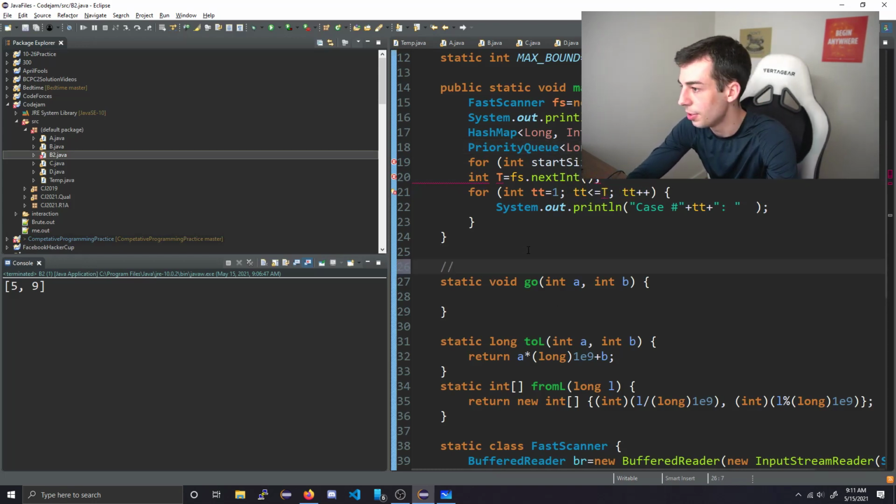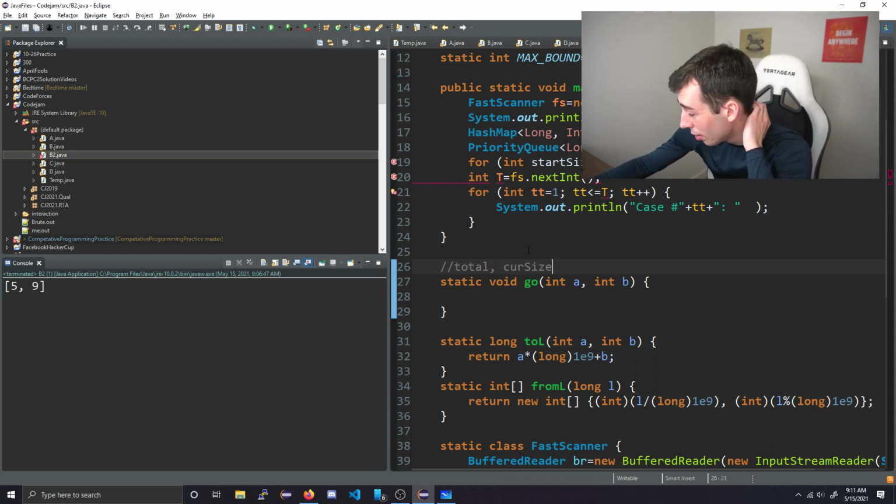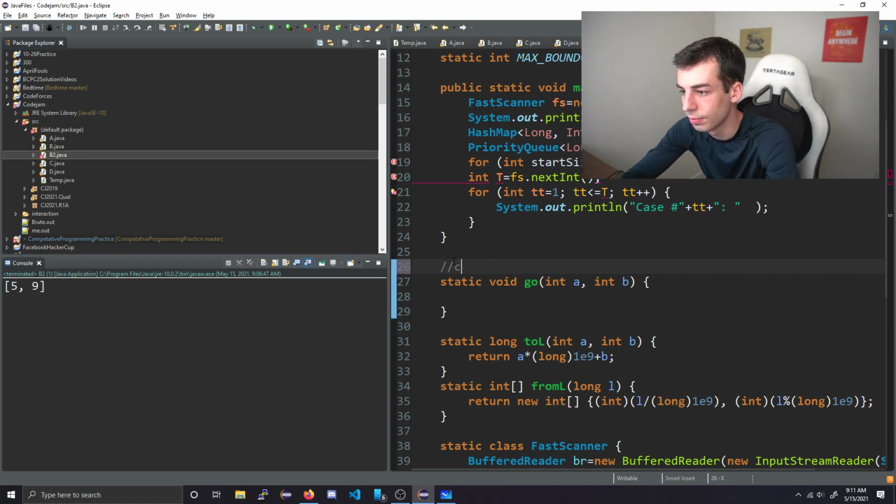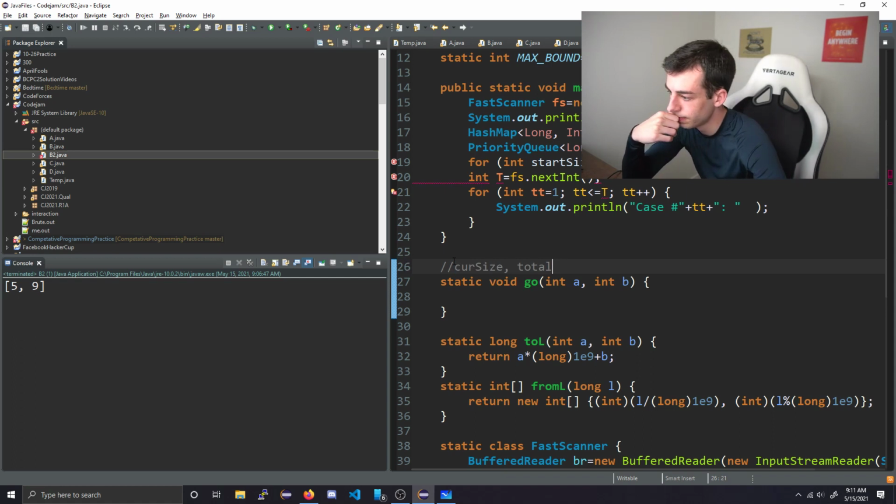So this is going to be size, or total, and then cur size. Or do we want it the other way around? Probably cur size, total.